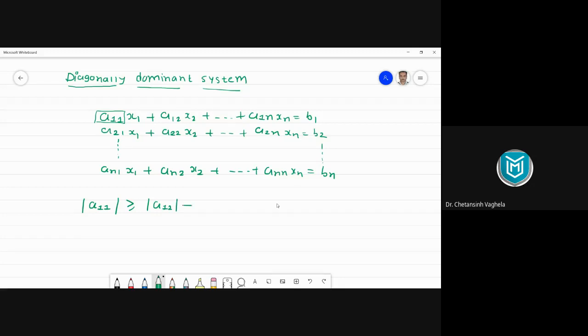So modulus of A12 plus modulus of A13 plus up to modulus of A1n, right? How many coefficients do we have in the first equation? A11, A12, A13 up to A1n. So except the diagonal entry, you add all the other elements and take the total, and that total should be less than or equal to your diagonal value. Or in other words, your diagonal value should be greater than or equal to the total of the remaining values.